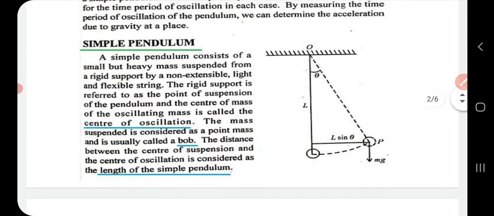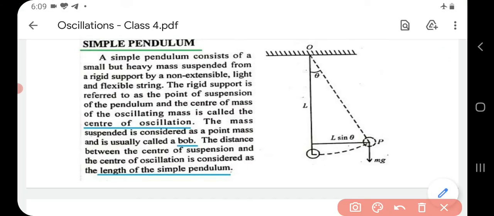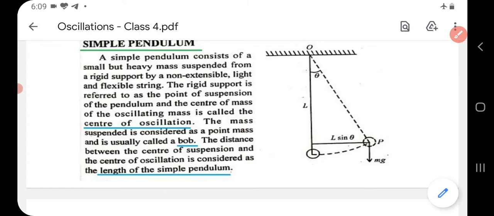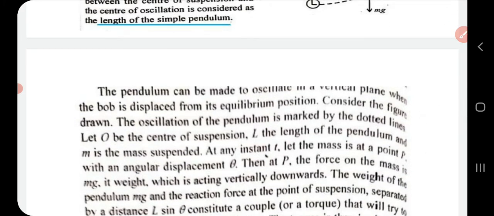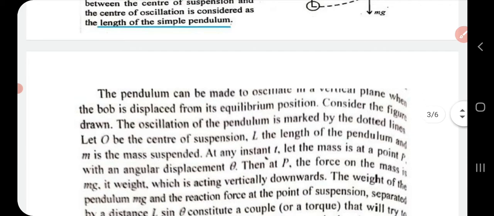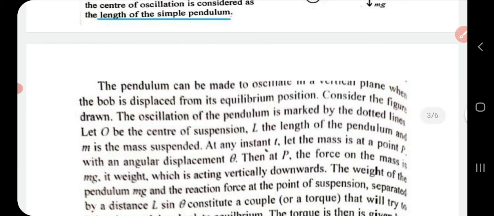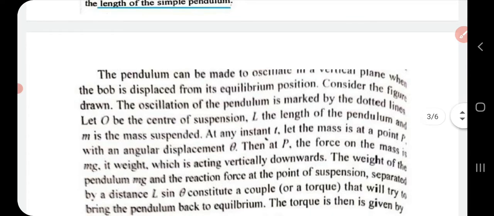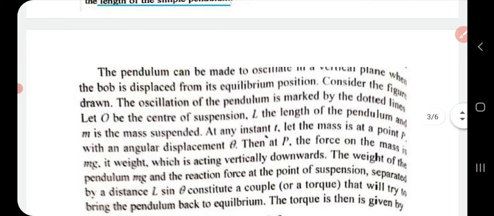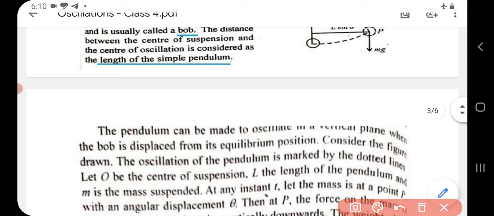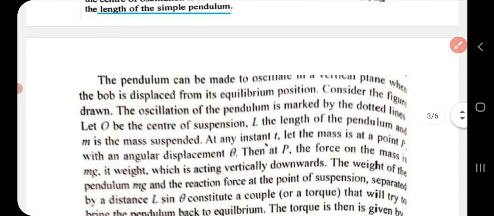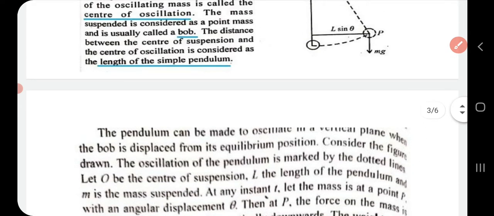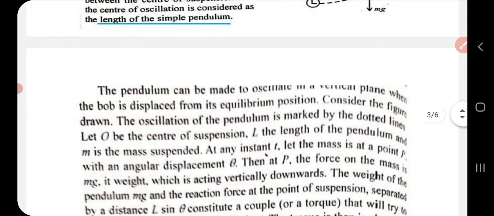Let O be the center of suspension, L the length of the pendulum, that is the distance between the center of suspension and center of oscillation, and M the mass of the bob. At any time t, let the mass be at the point P, displaced through angle theta.